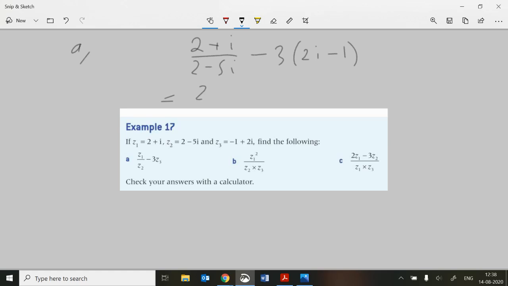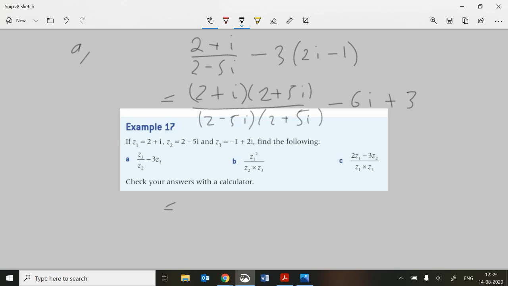Now, the left-hand side is going to give us 2 plus i times by the conjugate of what's on the bottom there, and then 2 minus 5i times by that conjugate. I would still write that all out, and then minus 6i, and then plus 3.